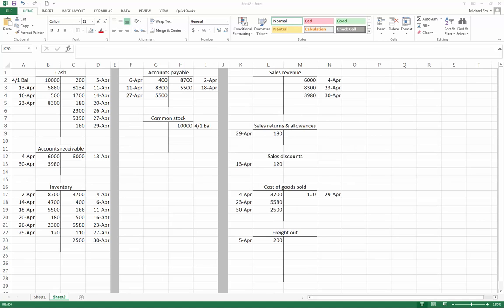All right, I've transferred over all of the journal entries to the ledger here, and now all that's left for me to do is to get the balance of each of these ledgers. So I'm going to do balance as of 4/30, and again, we would expect that this would equal the sum of all of our debit sides minus our credit side.